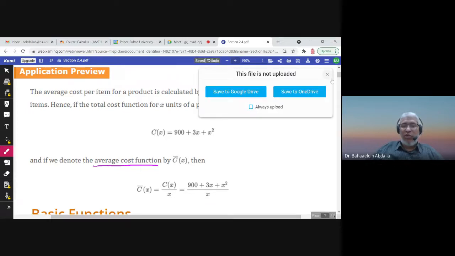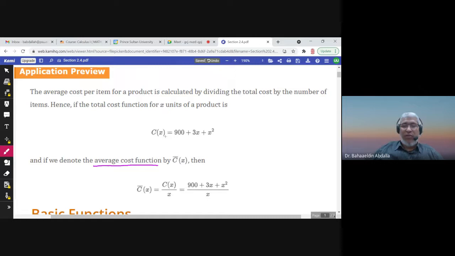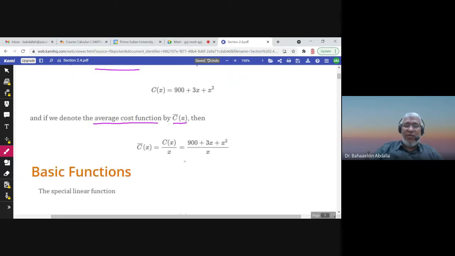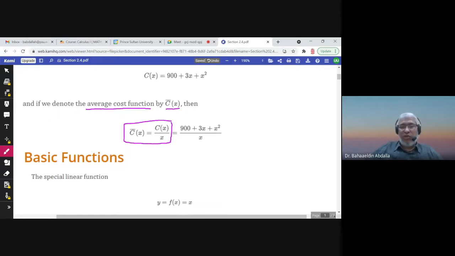We studied the cost function. So for example, this is a cost function of degree 2. The average cost will be denoted by C bar of x, and the definition is it is the total cost over x. So you just divide the total cost by x to get the average cost function.